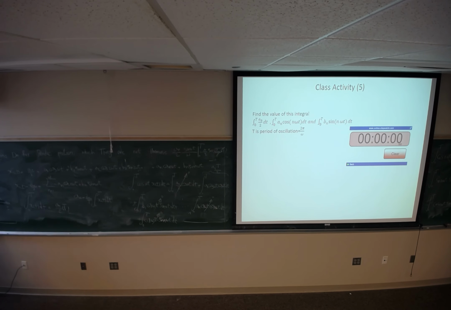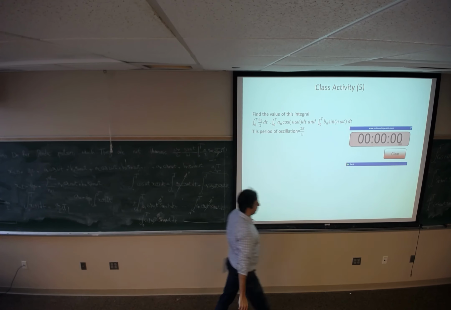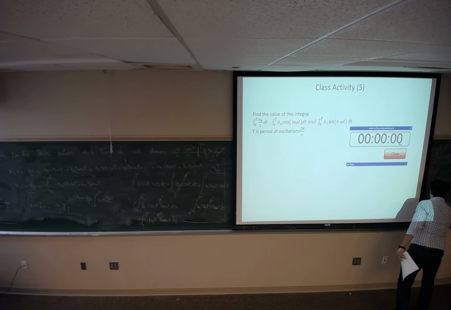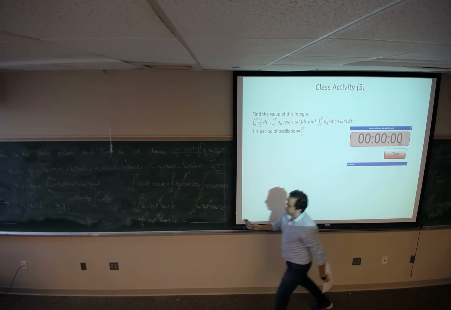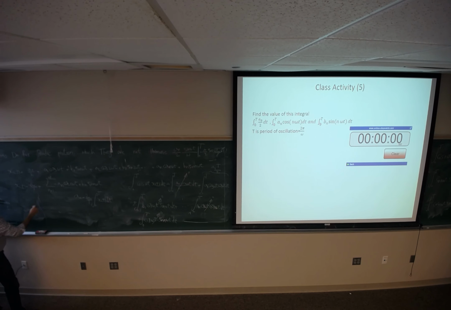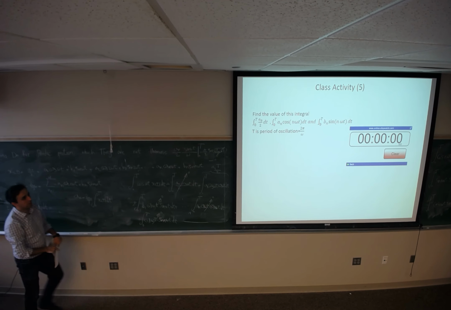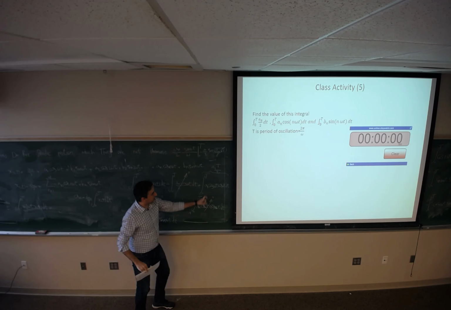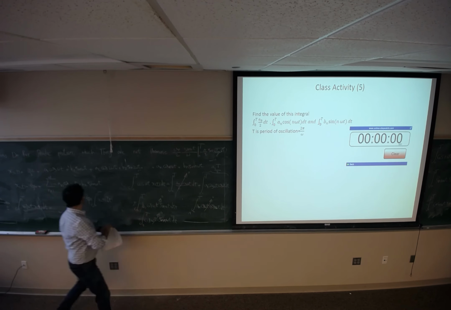So the left side gives me the integration from 0 to T of cosine of omega t times x of t dt, which equals 0, 0, 0, 0, except this one: a1 times T over 2.